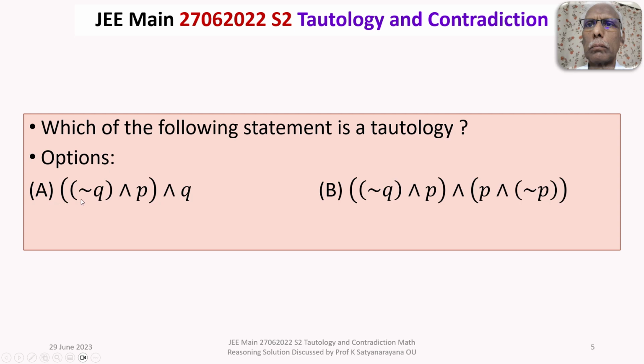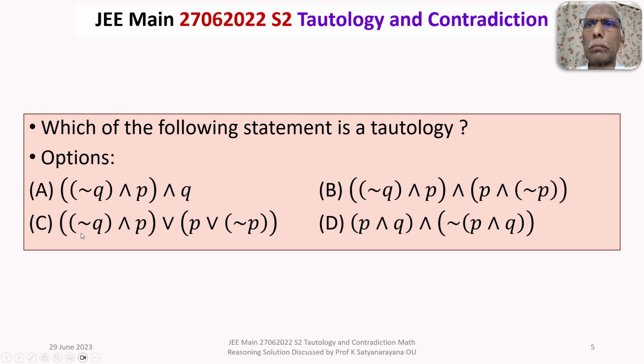Option A: in brackets, negation of Q and P, and Q. Option B: in brackets, negation of Q and P, and in brackets P and negation of P. Option C: in brackets, negation of Q and P, or in brackets P or negation of P. Option D: in brackets P and Q, and in brackets negation of P and Q. Now we have to find the statement which is a tautology from the given four options.